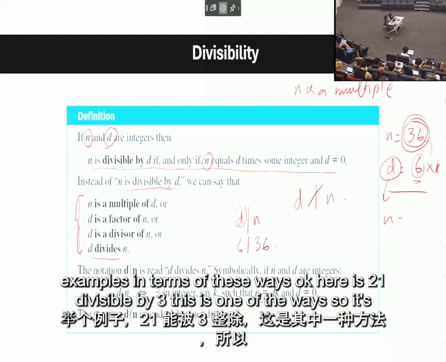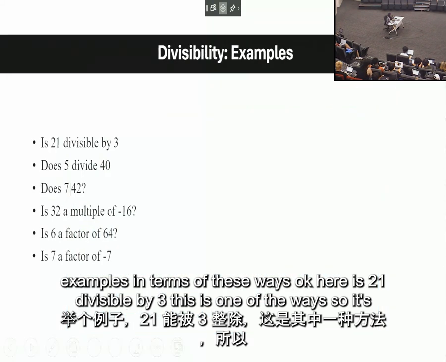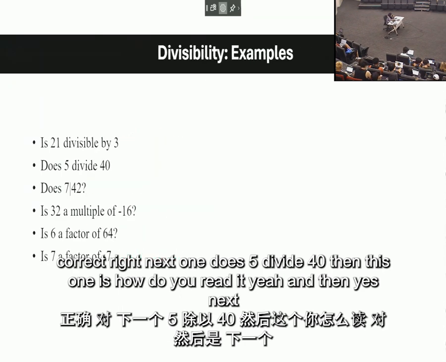Let's look at some examples in terms of these ways. Here, is 21 divisible by 3? This is one of the ways, so it's correct, right? Next one, does 5 divide 40? How do you read it?